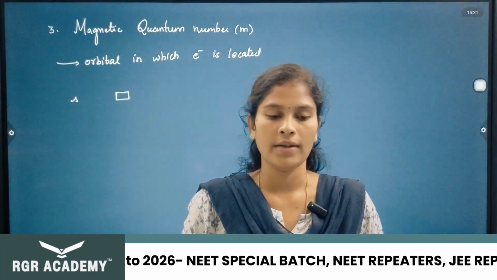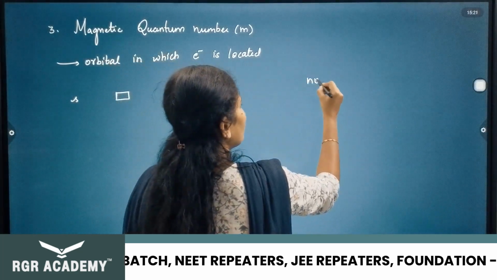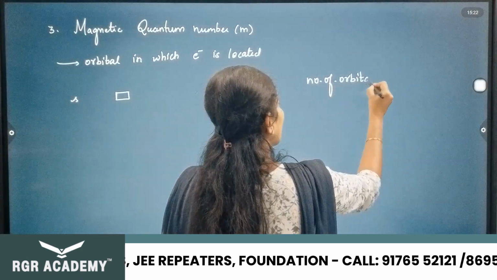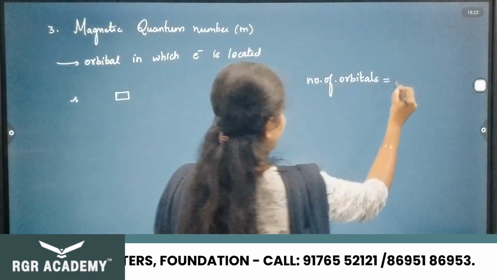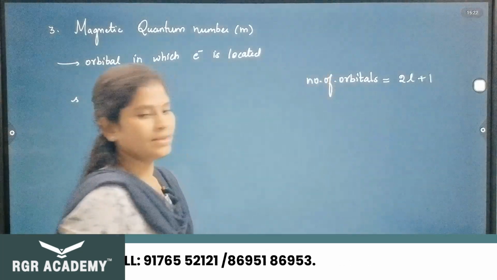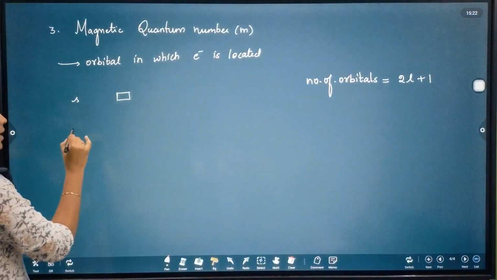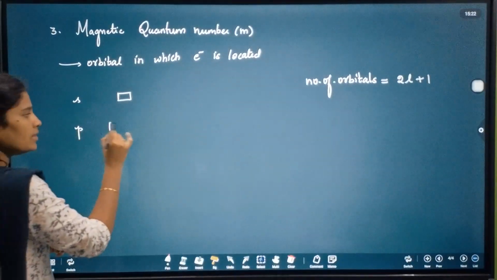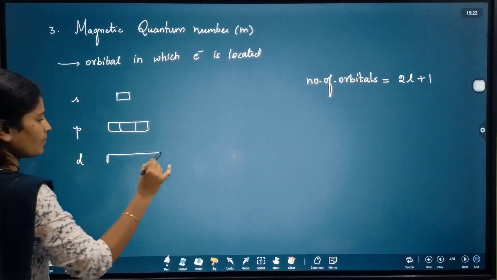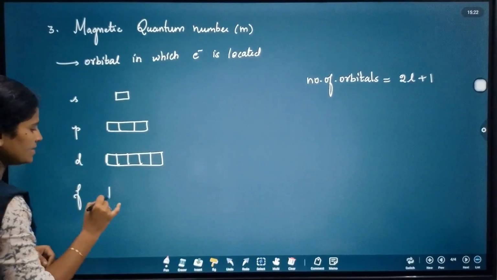There is a formula: 2L plus 1. If I substitute L as 0, it is 1. So s consists of only one orbital. p consists of 3 orbitals, d has 5, and f has 7.